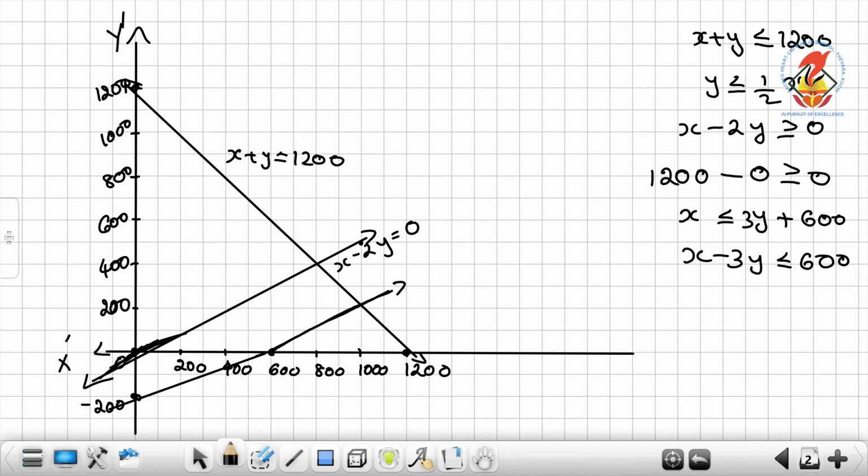Okay. This line is x minus 3y equal to 600.